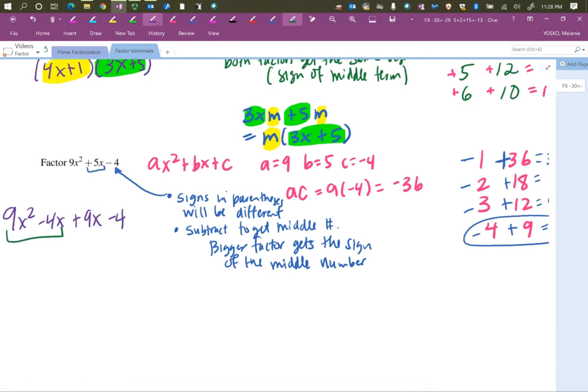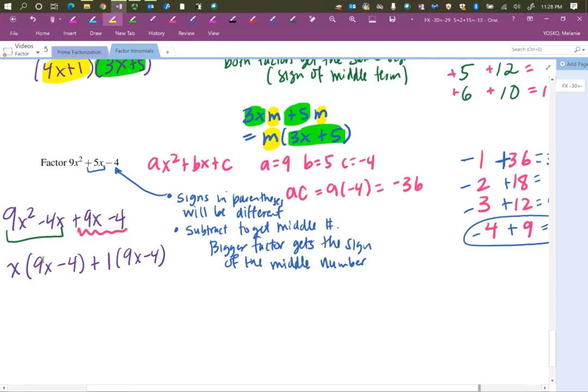Pair the first two together, pair the back two together. What do the first two have in common? They just have an x. X times what gives me 9x squared? 9x. And x times what gives me negative 4x? Negative 4. Then you look at the back, and they don't have any factors in common other than the number 1. So I'm going to put plus 1, and write 9x minus 4 inside parentheses.